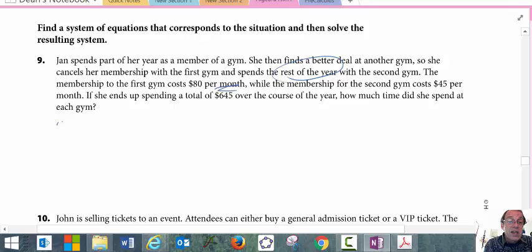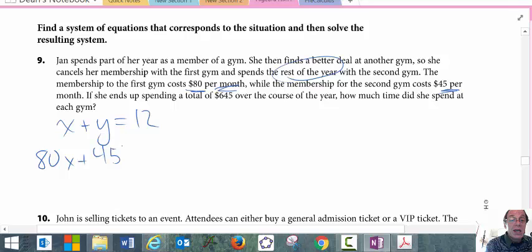So guess what? We've got the same count situation going on as the first question. It's x plus y equals 12. But now we've got different costs for the first gym and the second gym than on that other question. So that's our second equation. It's going to be 80x plus 45y equals, the total cost was 645.